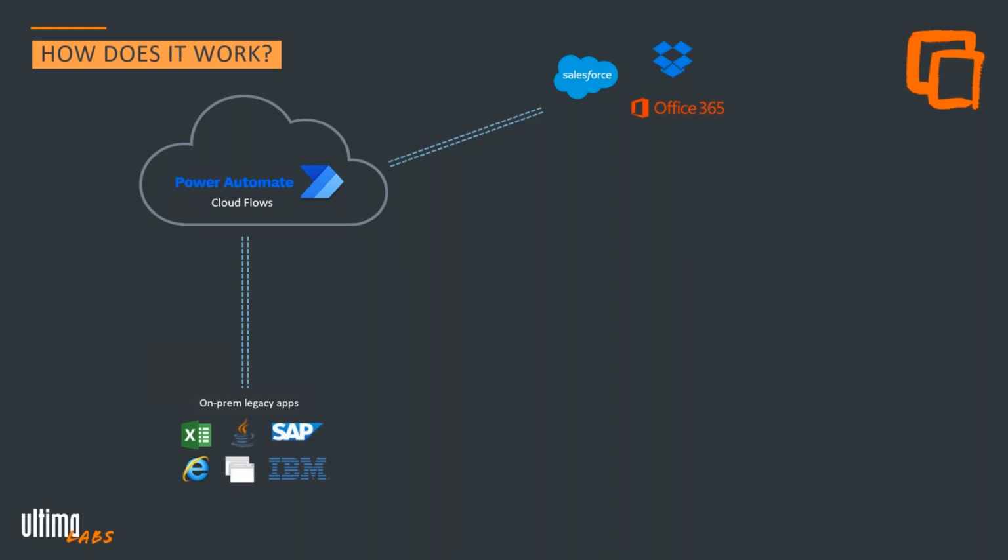I hate calling them legacy applications when they're Windows apps, but Office, this is local Office as opposed to a cloud-based Office, Java applications, SAP, mainframe sessions, all of those types of applications, and you can access them and interact with them from the same flow at the same time as you're talking to stuff in the cloud.